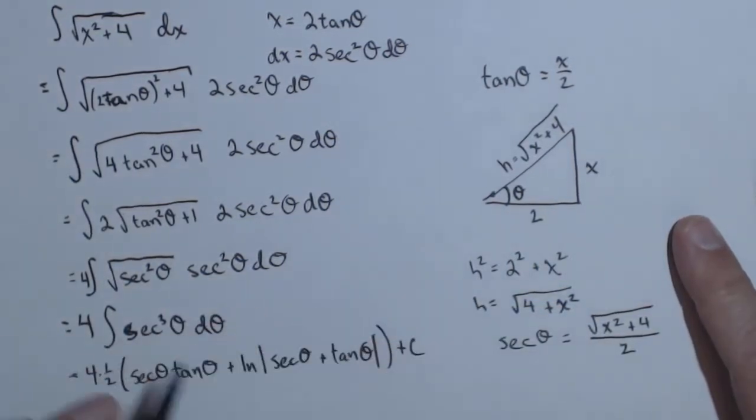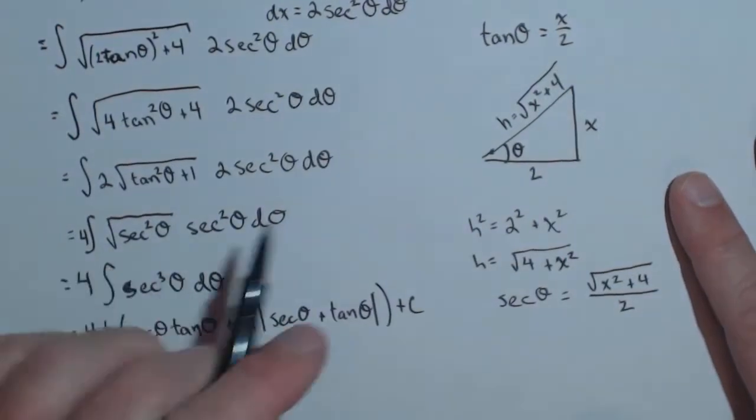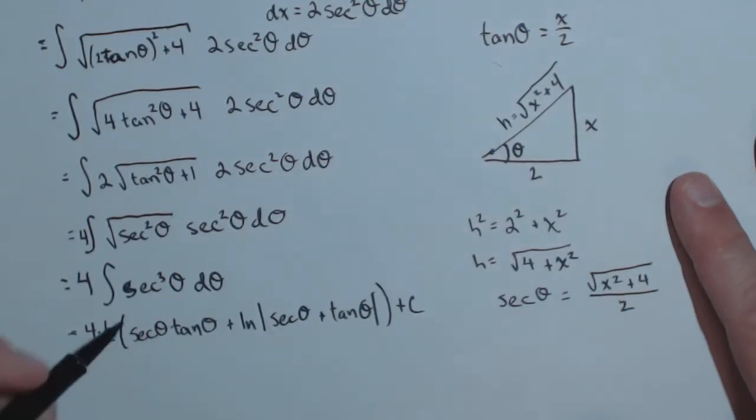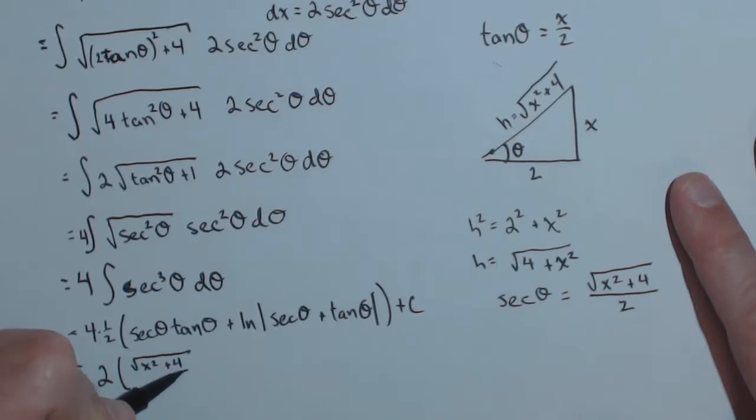And now we need to make our substitutions. We know tangent theta is x over 2. Secant theta is square root of x squared plus 4 over 2. So 4 times a half gives us a 2 out front. Secant theta, we have square root of x squared plus 4 over 2. Tangent theta is x over 2.